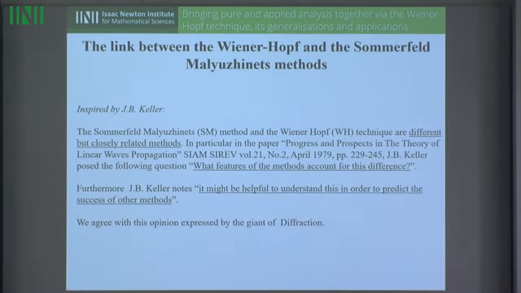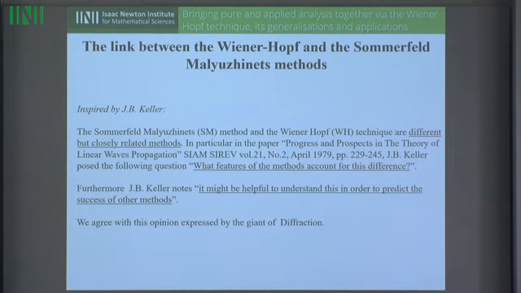The interest in trying to find a link between Wiener-Hopf and the Sommerfeld-Malyuzhinets technique dates back to a sentence of Keller, whom everybody knows in diffraction. In particular, he thinks that the methods are different, but closely related.